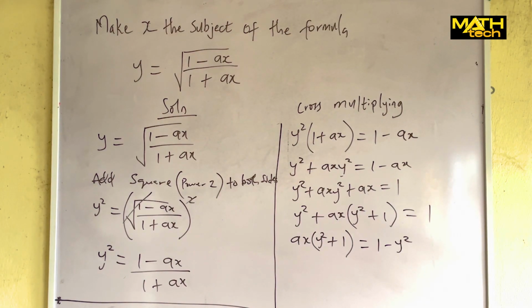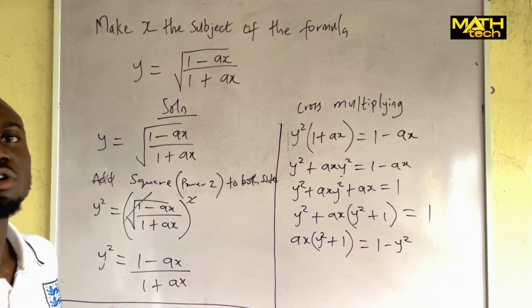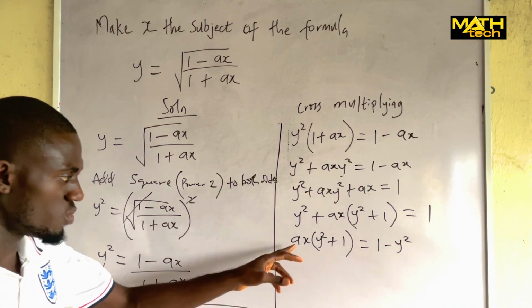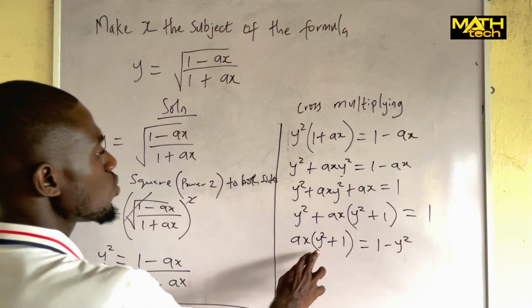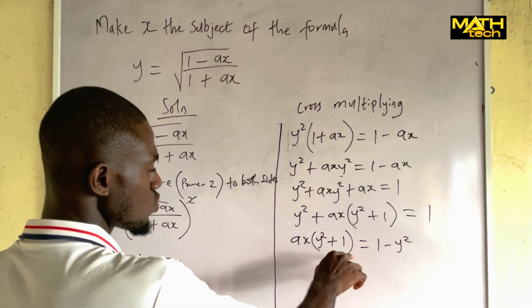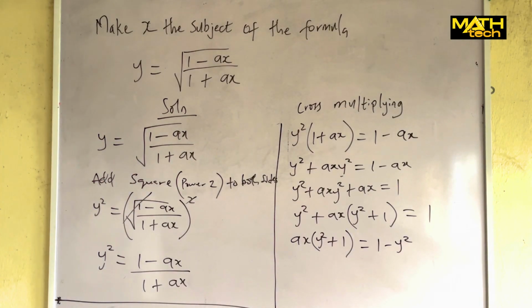So at this point we can see that x will finally be alone. But how do we make x be alone at this point? Now we go through dividing both sides. We can either divide both sides directly by a into y squared plus 1. Dividing both sides by a into y squared plus 1 is easier.